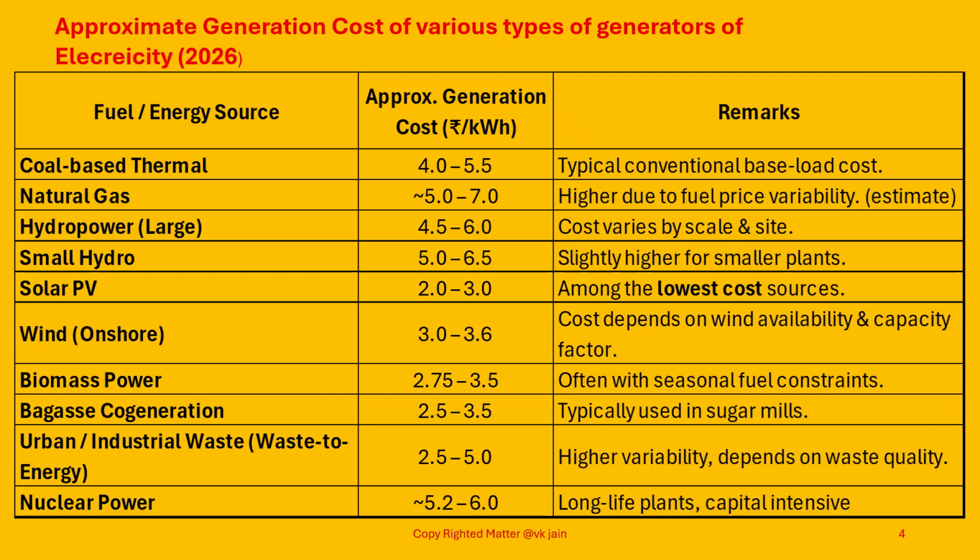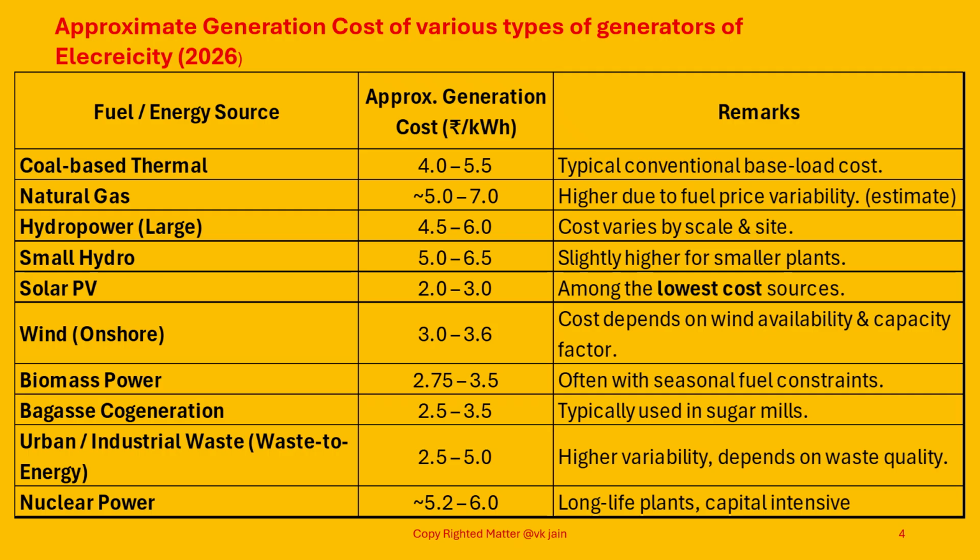Friends, we are discussing generating sets of different types. The first column of this table shows fuel or energy source. Second shows the generation cost, rupee per kilowatt hour, and their specialty. Third column, coal-based thermal plant, which occupies the maximum portion of our energy generation.